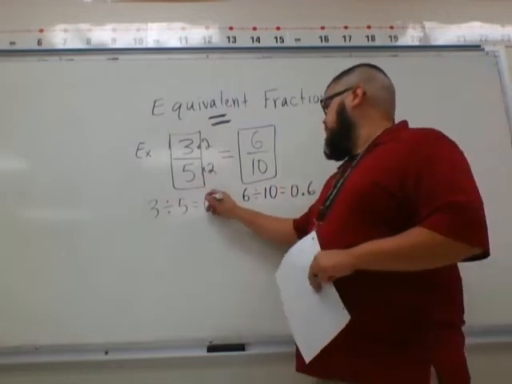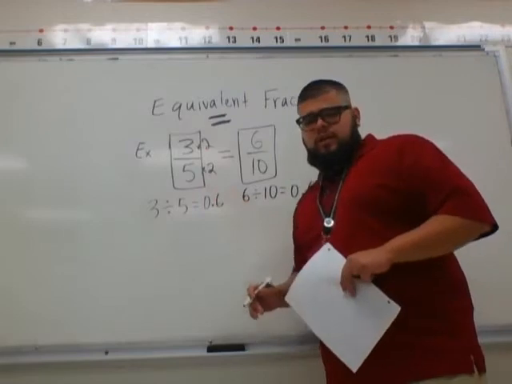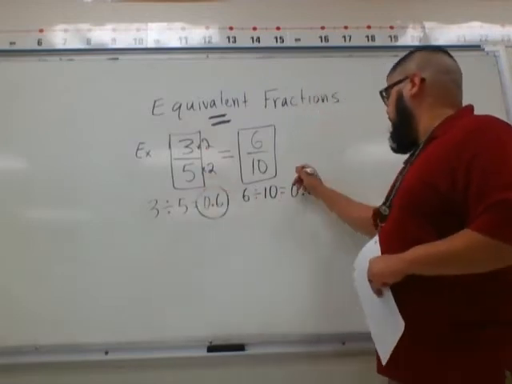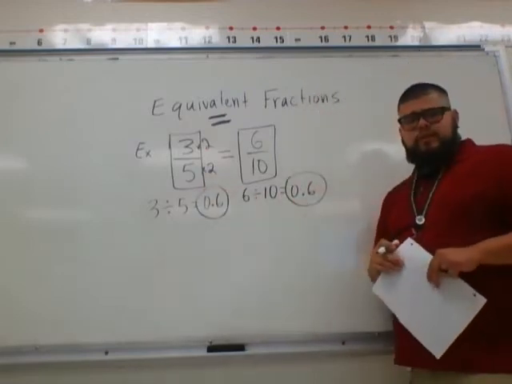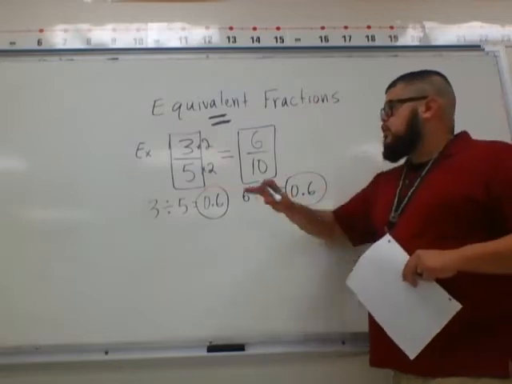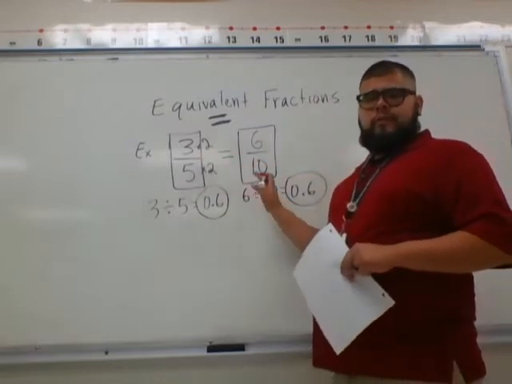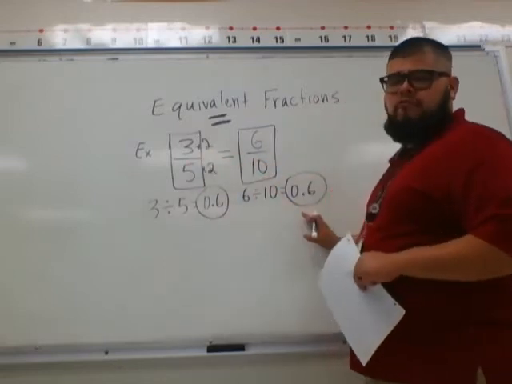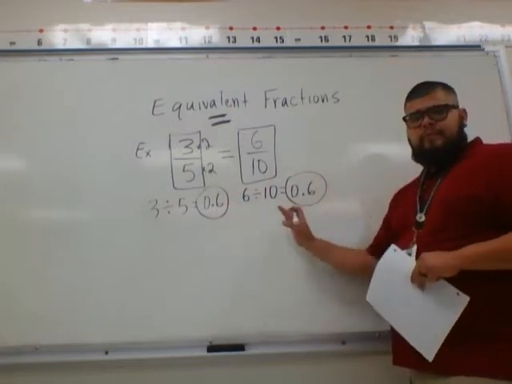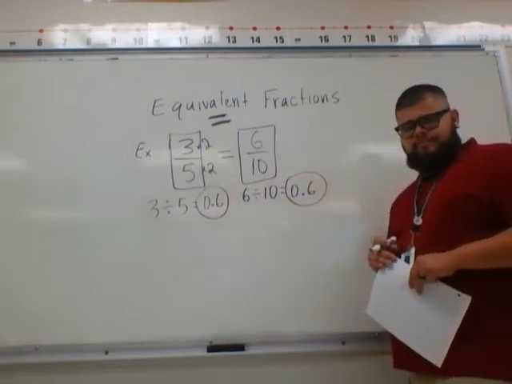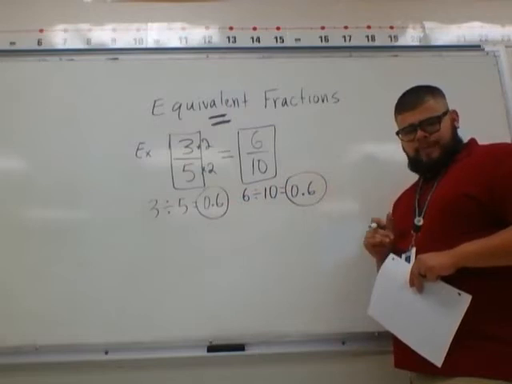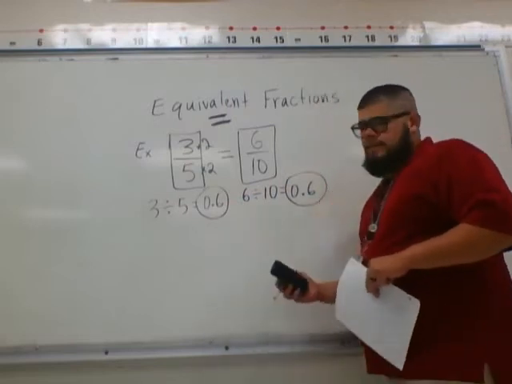You would still get this decimal value, and they're the same decimal value. So, again, they look different, but they have the same value, okay? Same value. Okay? All right, good. All right, let's go ahead and I'm going to do another example.